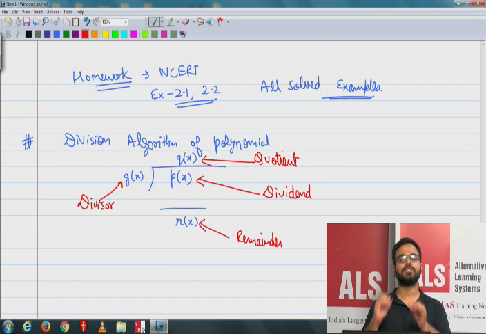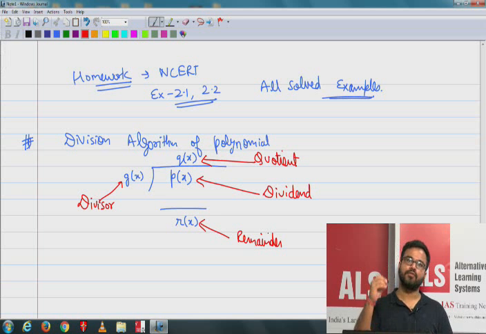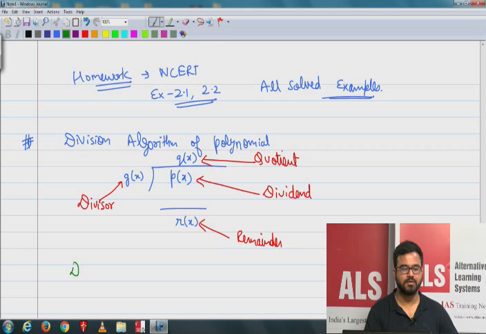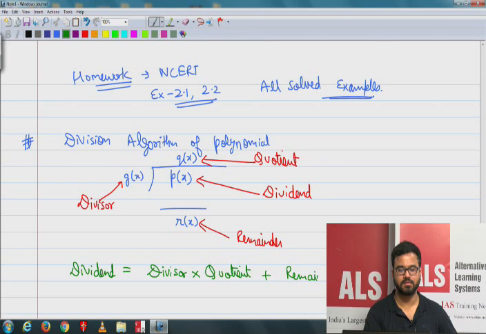Now division algorithm means how these four things are related to each other. So the relationship is that dividend is equal to divisor into quotient plus remainder.